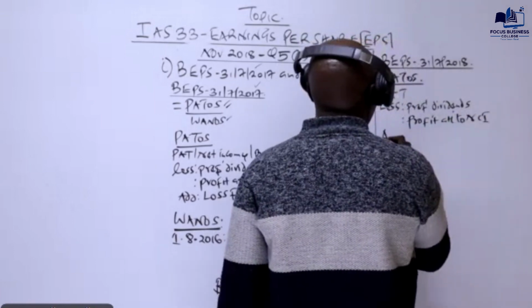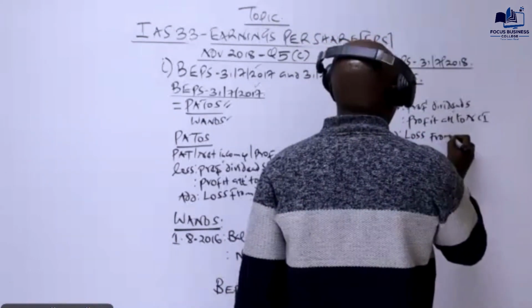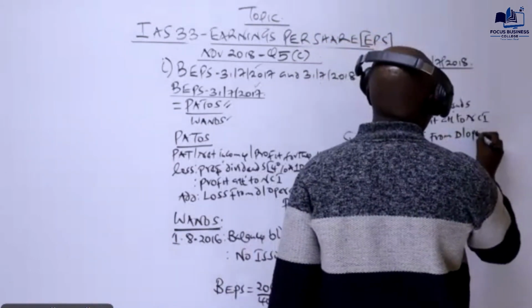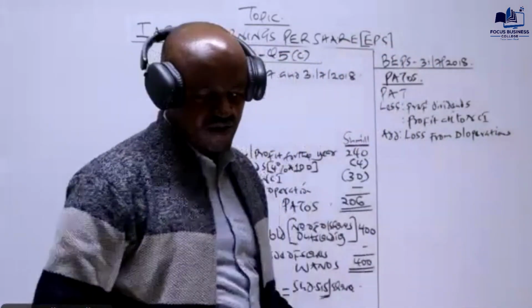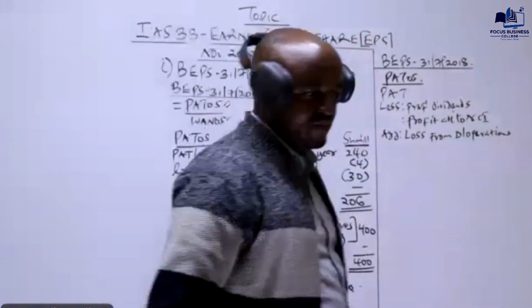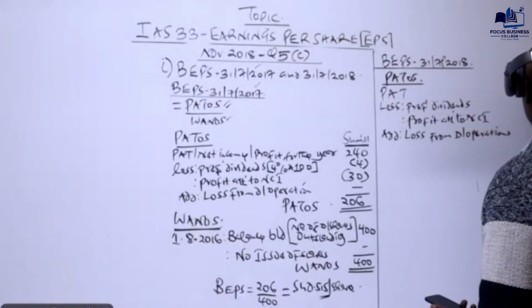And then we add any loss from discontinued operations. In our case, we don't have any loss from discontinued operations. So we just plug in these figures now.